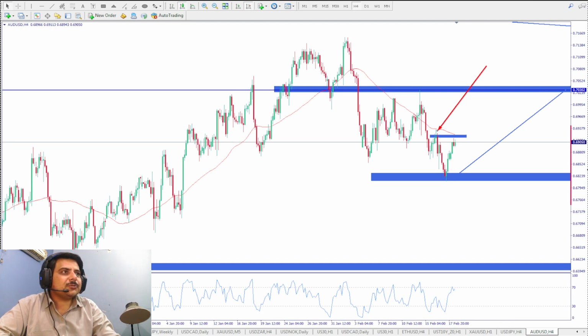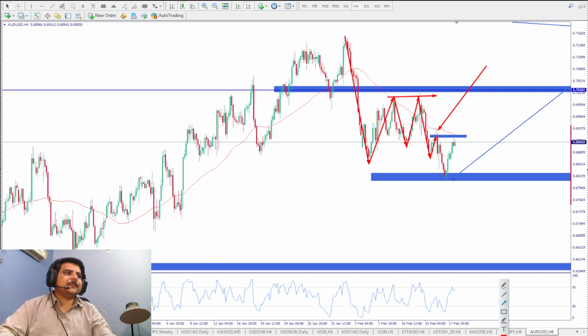I have asked you what is so special about this zone. You must have been focused on this impulsive wave, then this one, a top, a break till here, a reversal till here.